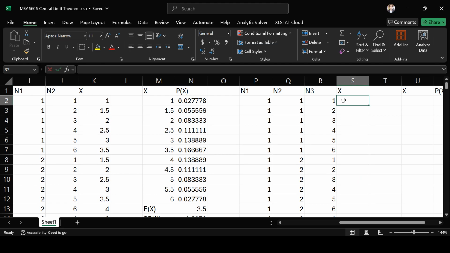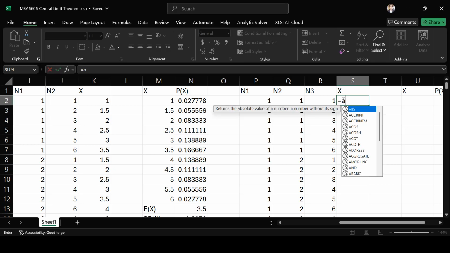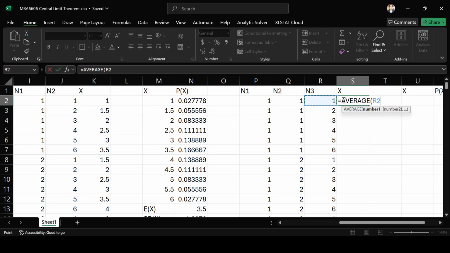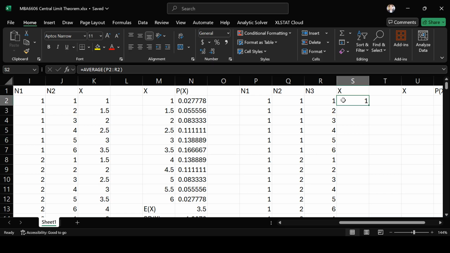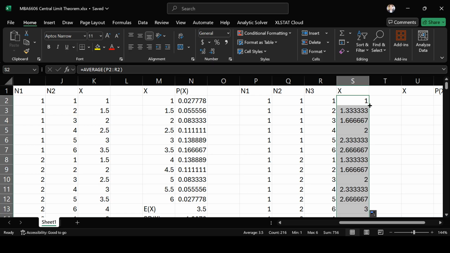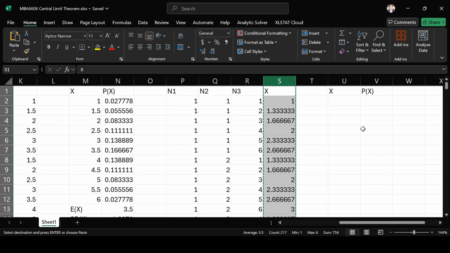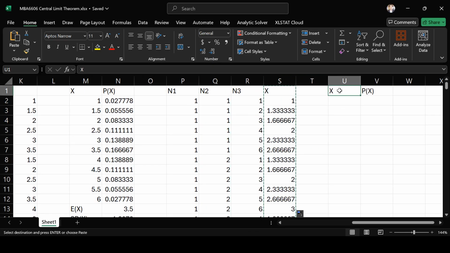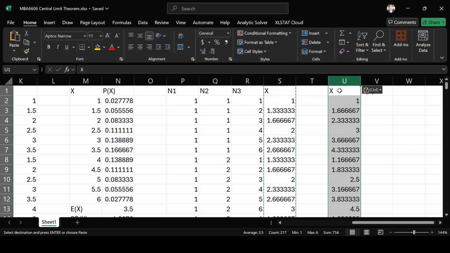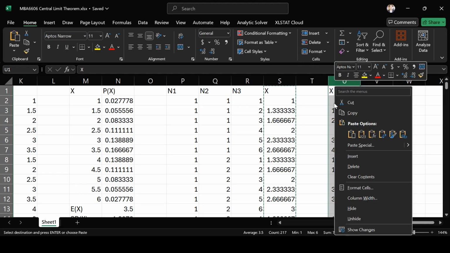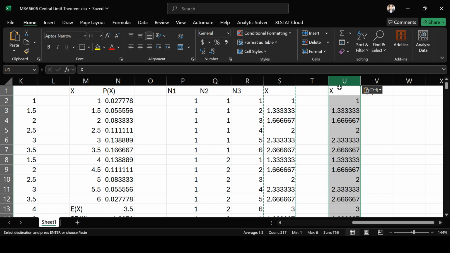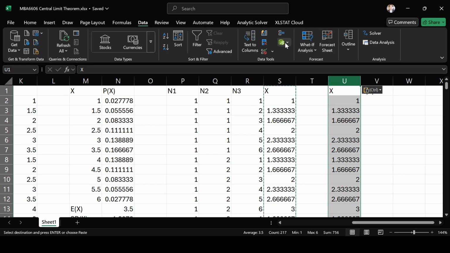Now the random variable is the expected value of this, which will be the average. We extract the value of x here, paste it as values, and remove the duplicates.